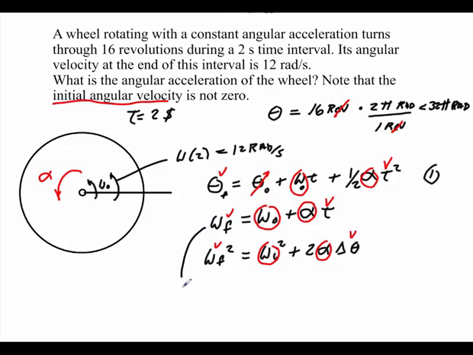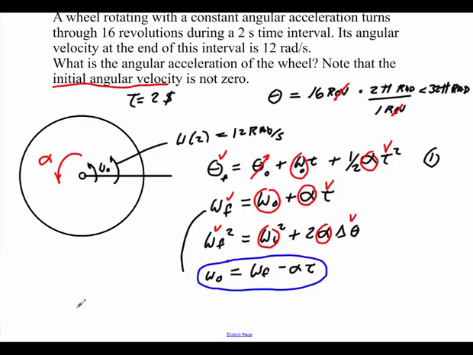If we take this equation here, can I not say that the initial is going to equal the final minus alpha t? Okay, we do know that. Alright, let's take that and put it back into this equation here, and I think we can solve the problem.